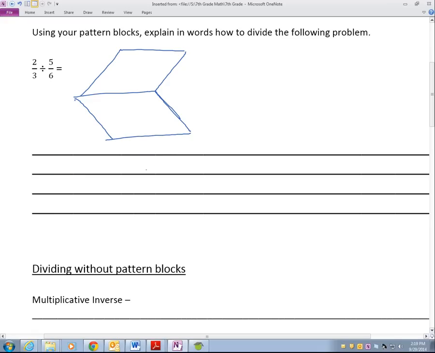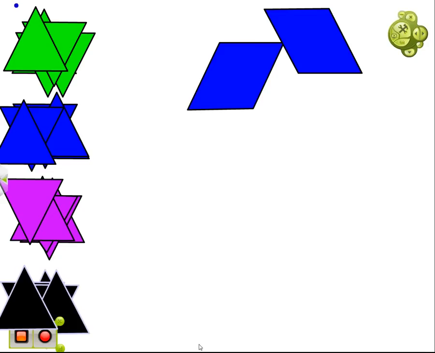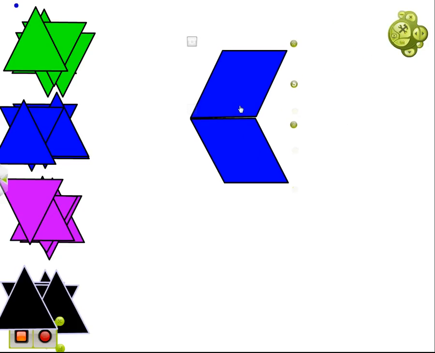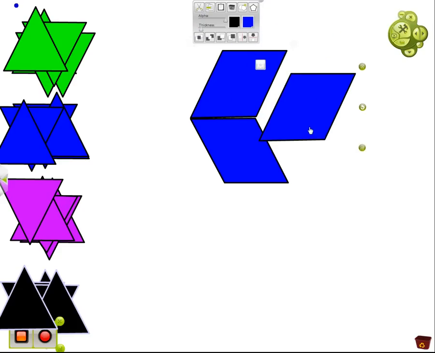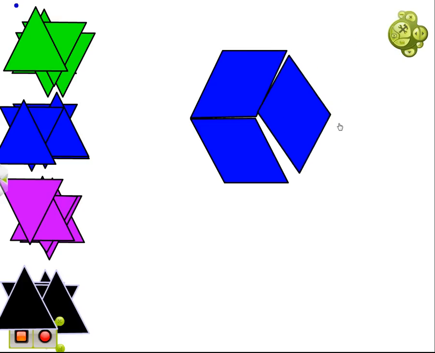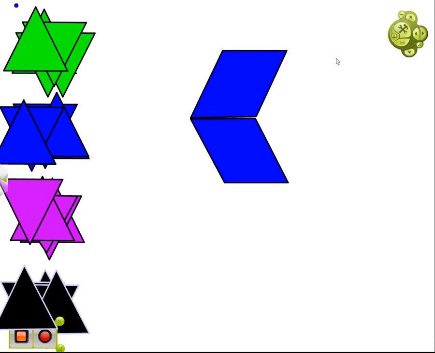So I have it represented here. Do you agree that this here is 2/3? Yes. Okay, because if I had my other here, it's not going to be so pretty, but ish. Whatever, it's not perfect. So that is 2/3.